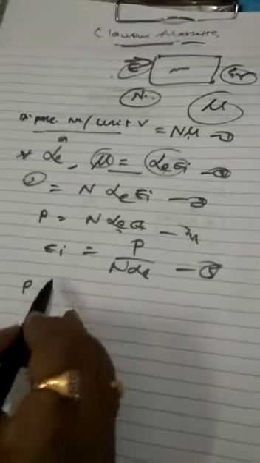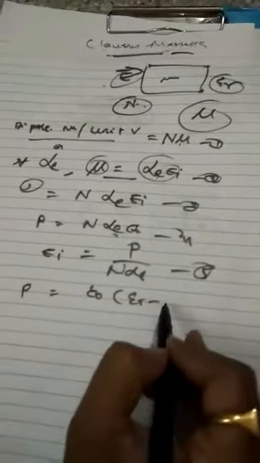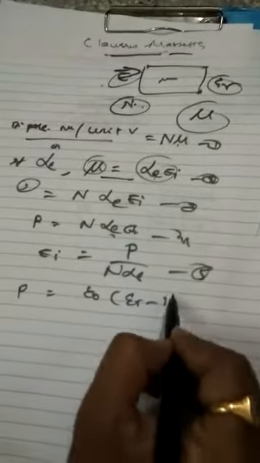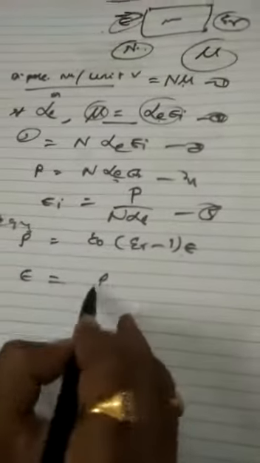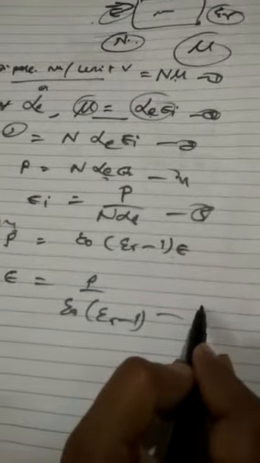But we have the relation of polarization. What is the relation of polarization? P is equal to epsilon naught into (epsilon r minus 1) into E. This is the equation of polarization, where E is the applied field. Therefore, E can be written as P divided by epsilon naught into (epsilon r minus 1), called equation number 6.